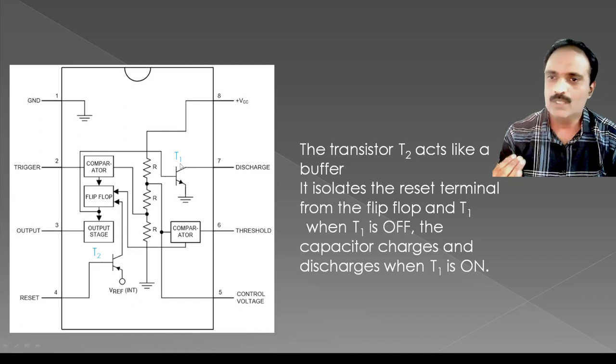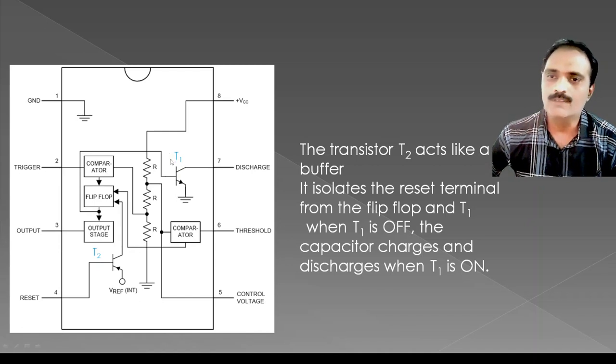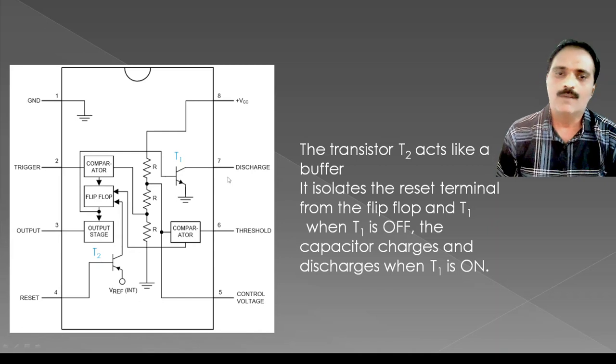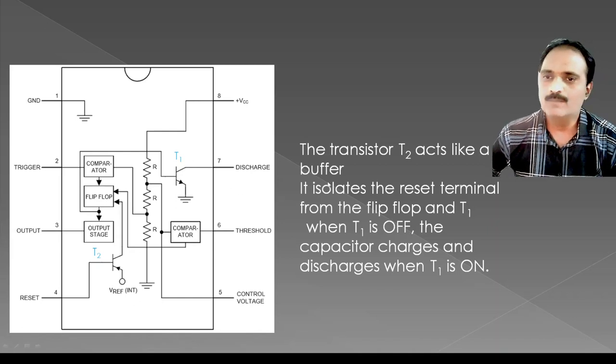And when T1 is switched on, it is connected to the ground directly, and the capacitor will be discharging. So the charging and discharging of the capacitor depends upon the signal which is received by this transistor T1. Let me show you the diagram here.